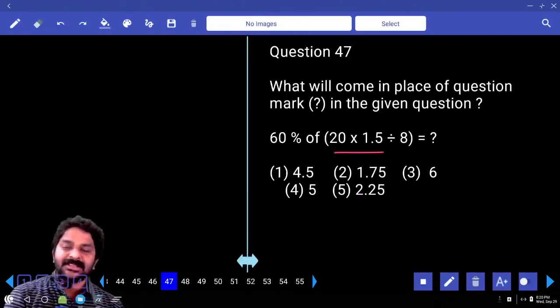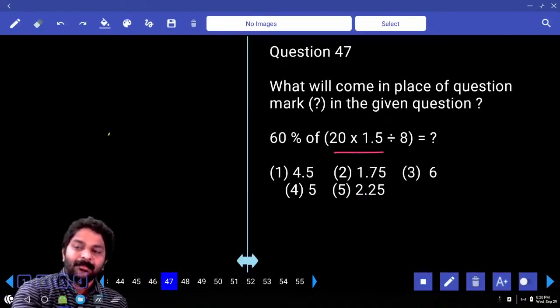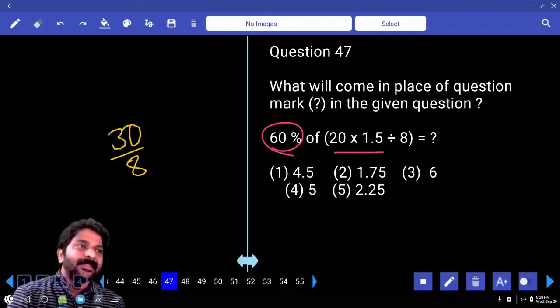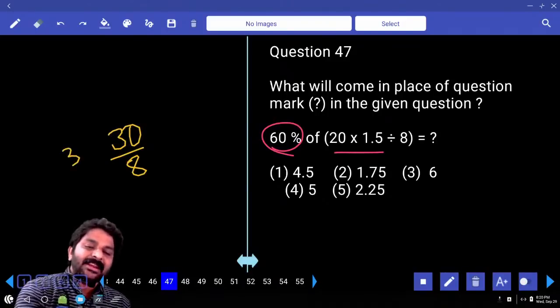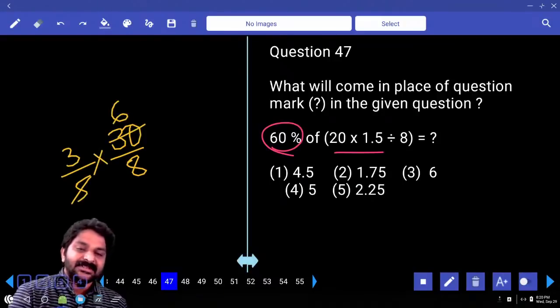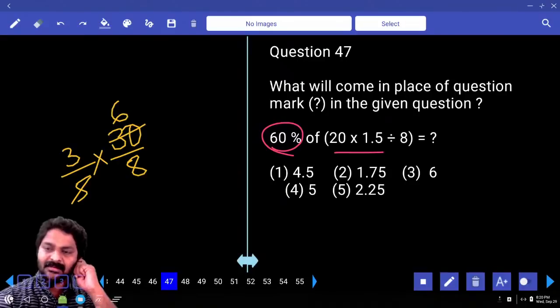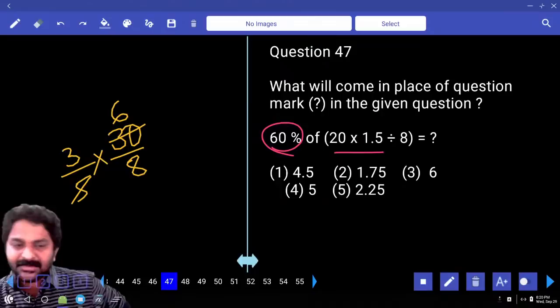20 into 1.5, how much is that? 30 by 8. What percentage do we have to calculate? 60%. Can we treat it as 3 by 5? 5, 6 times. 1.5 times 30.